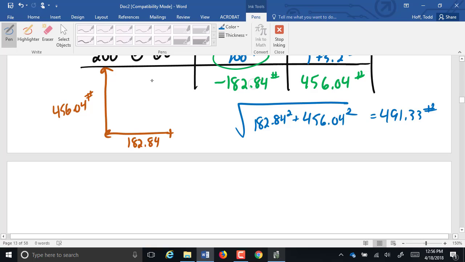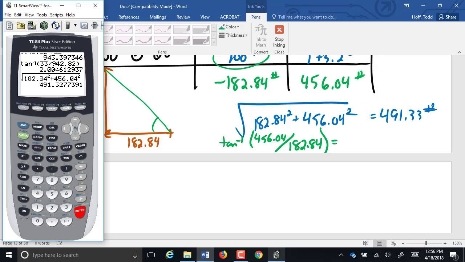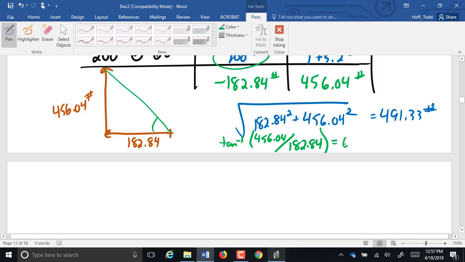And again, we're looking at a reference angle here. It'll be the inverse tangent of vertical 456.04 over horizontal 182.84, which is 68.15 degrees.